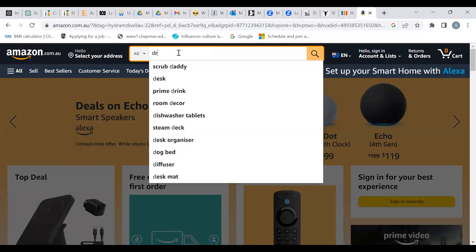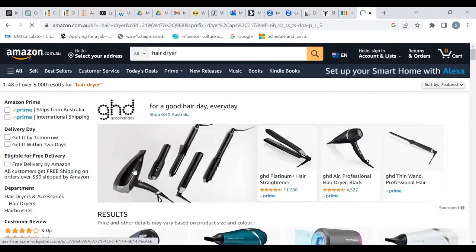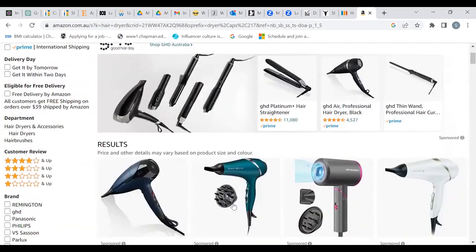Okay, so let's go to dryer, hair dryer. So this is a dynamic function that is giving me a lot of options. Let's just go for just simply hair dryer. Let's see what shows up. So now I'm searching here within the website. Still, I'm within the website.